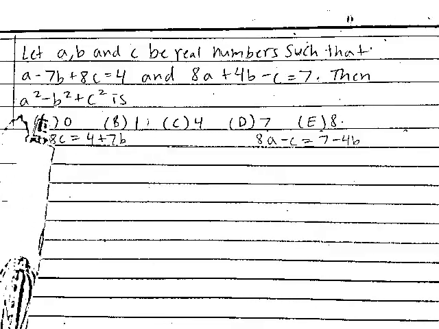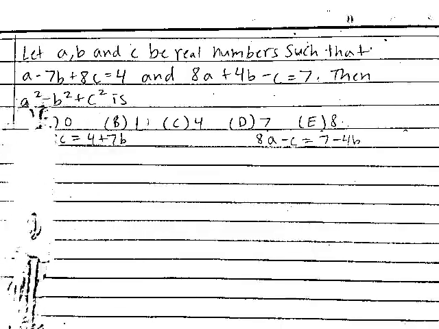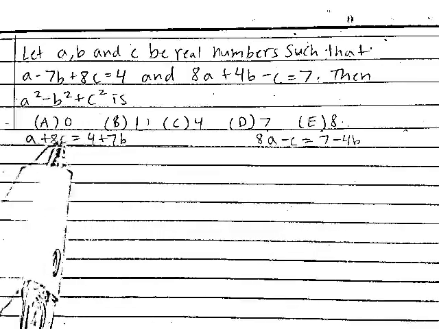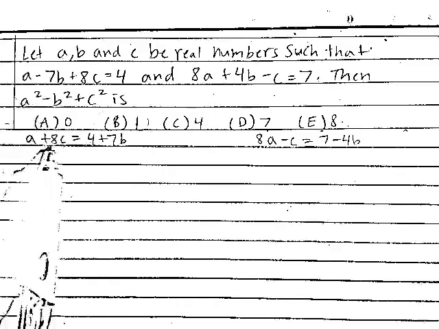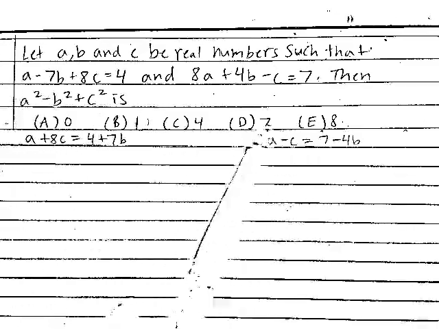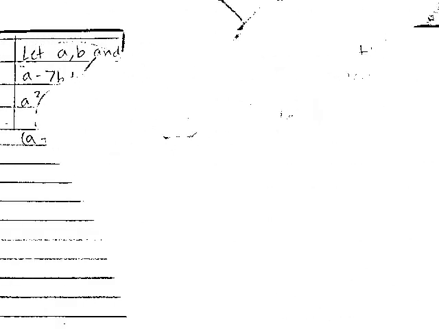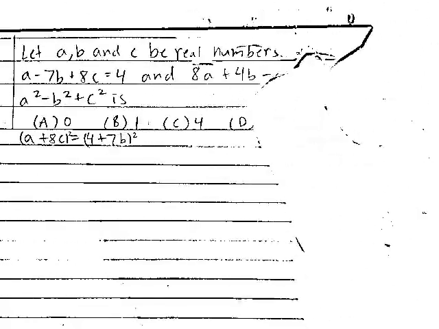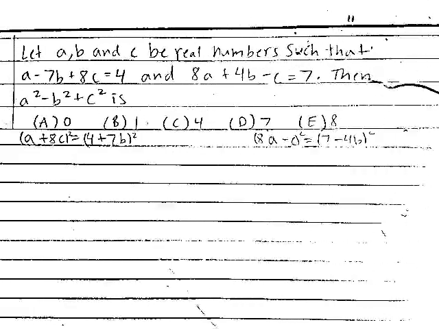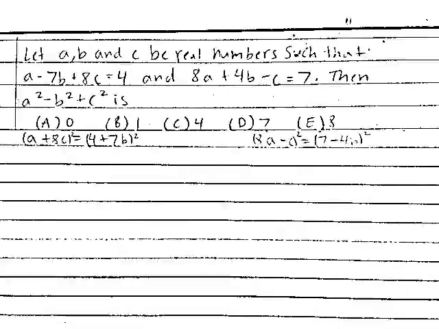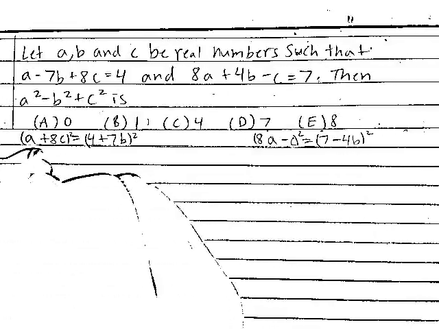And looking at this, we know that the a, b, and c's are squared. So we're just going to square both sides of both of these equations. I'm going to actually multiply them by each other.